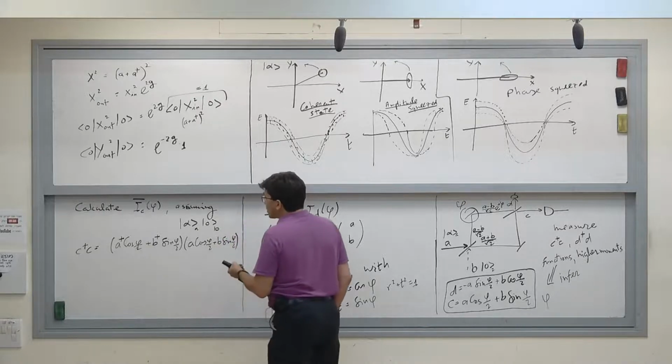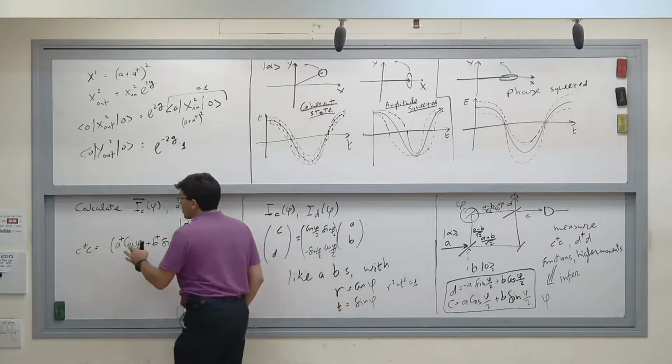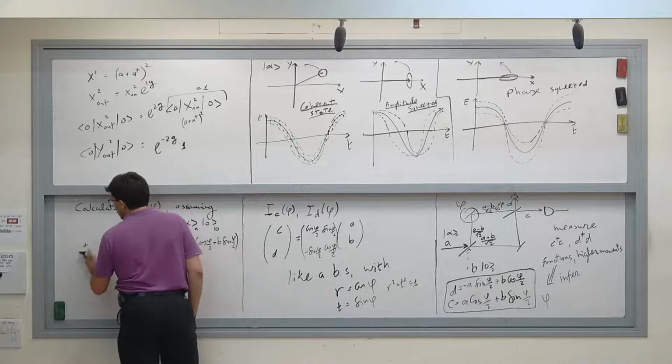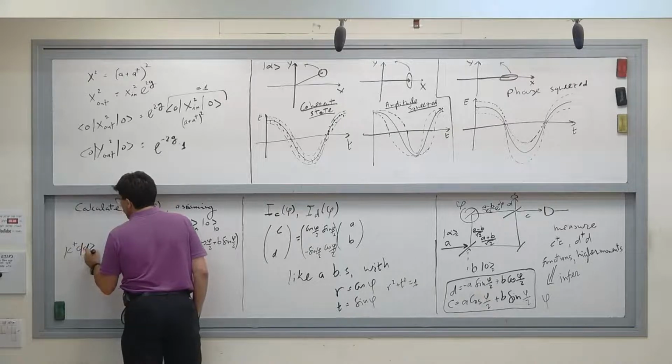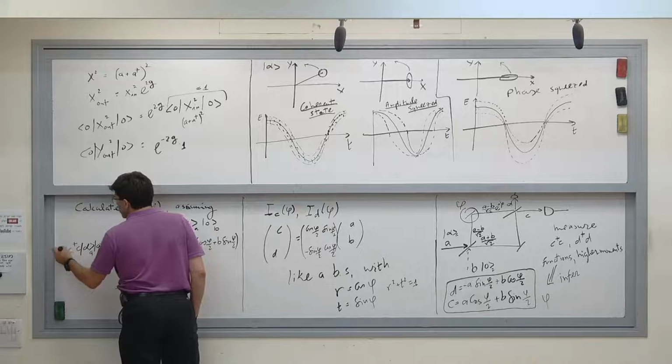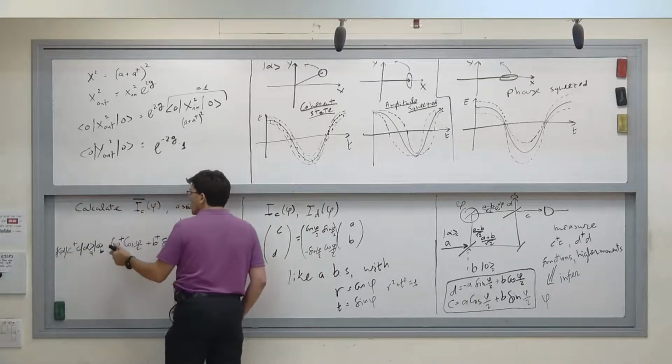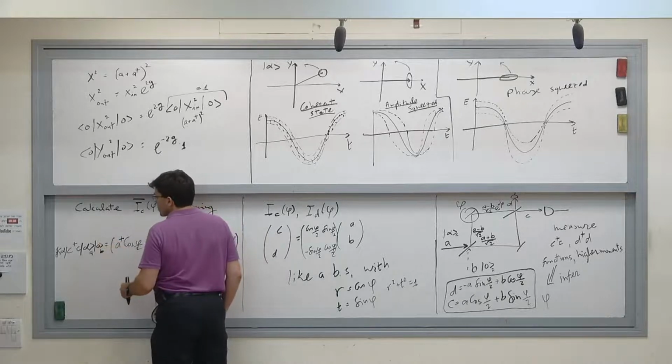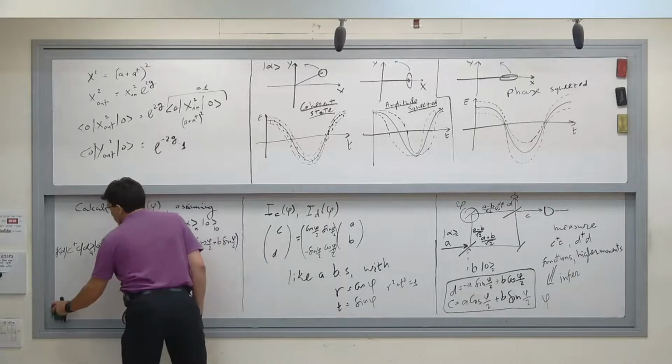Now the point is that this is going to operate on alpha in mode A and 0 in mode B, and there's alpha and 0 on the other side. I just don't have space. No, I'll write it downstairs.